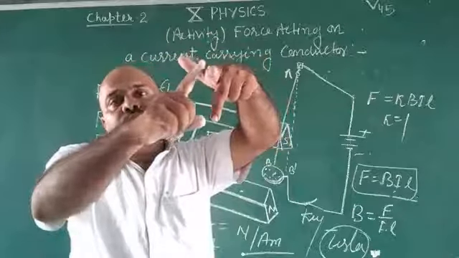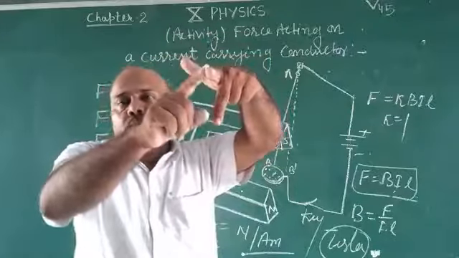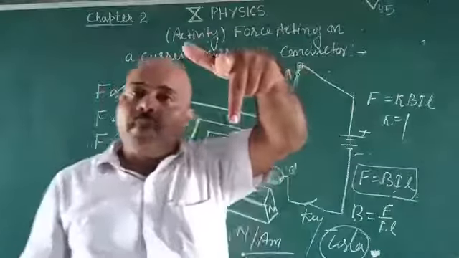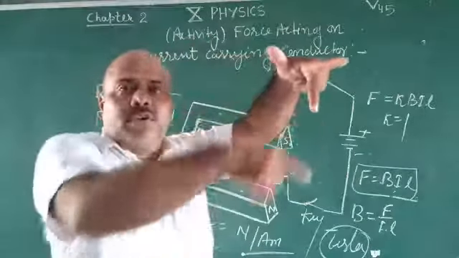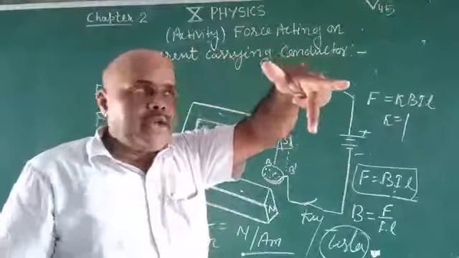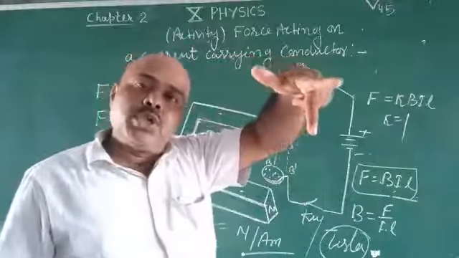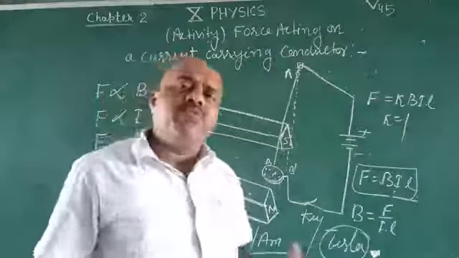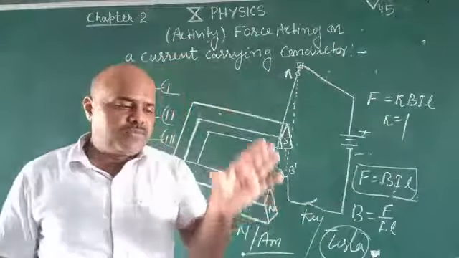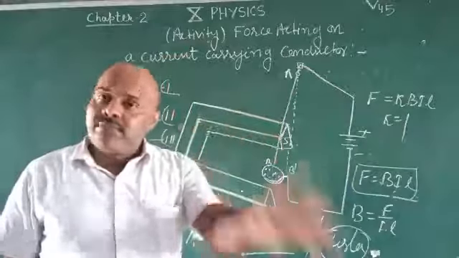Then the forefinger points in the direction of magnetic field, the central finger points in the direction of current, and the thumb gives the direction of force, or the direction of motion of the conductor. So we can find the direction of force with the Fleming left hand rule.